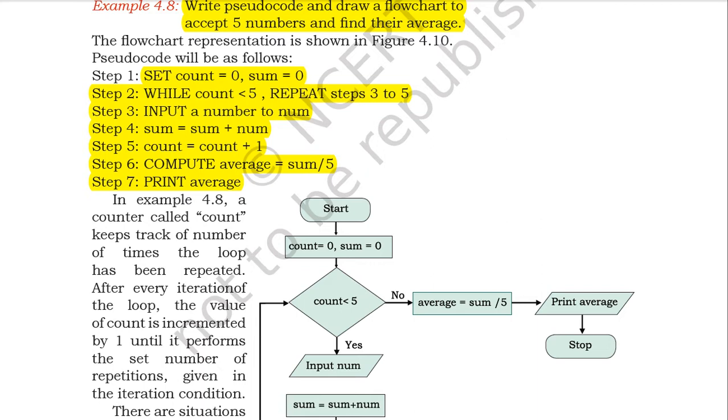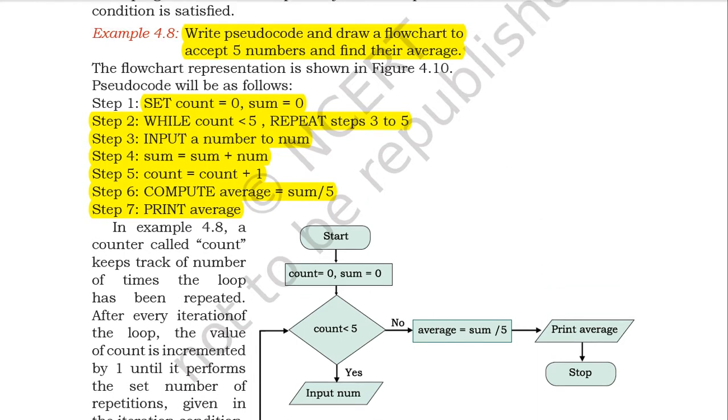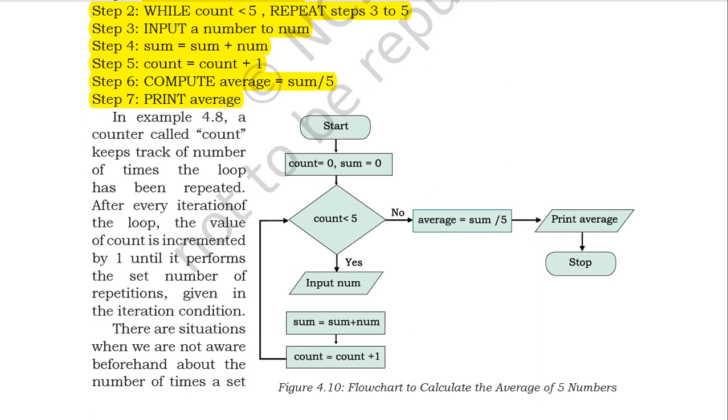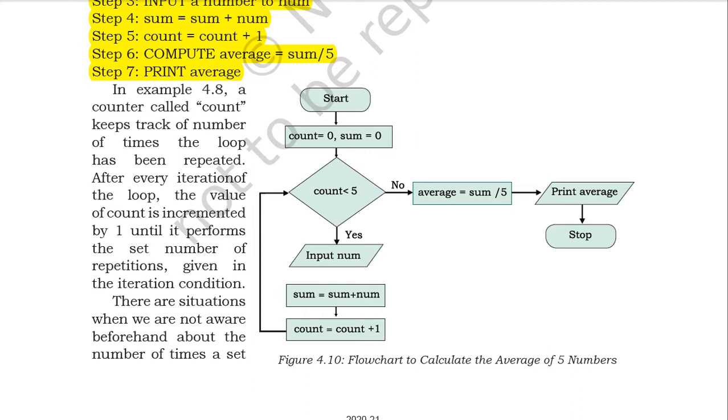Now sum equals sum plus num. Count equals count plus 1. Compute average equals sum by 5, because we have to take 5 numbers and sum them up, and for the average you have to divide that sum of 5 numbers by 5, and then print average.